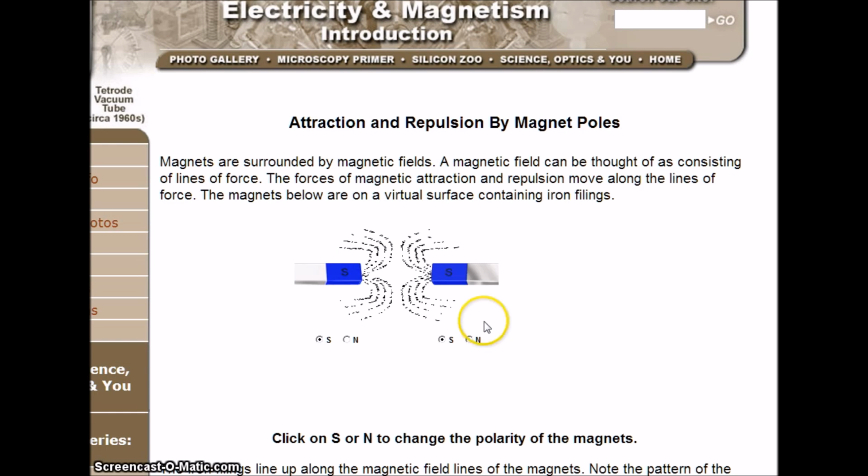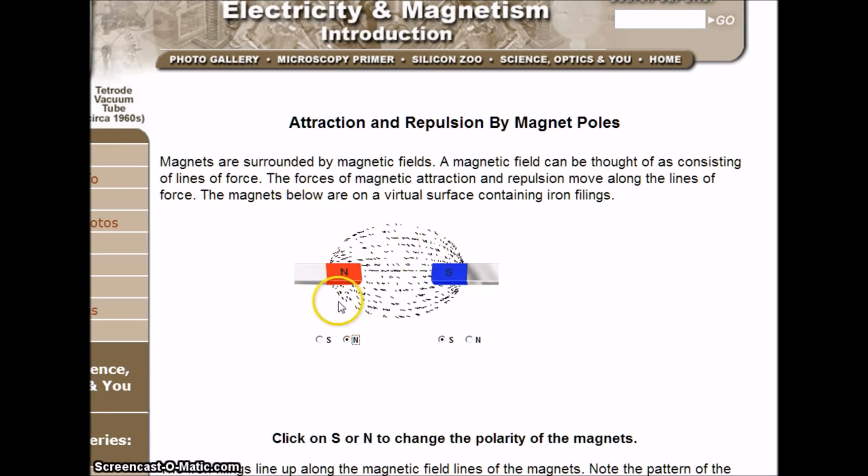And you can see the lines are going away from each other, showing that they are being repelled. So if I change this one to north, now you have opposite poles, so they're attracted. You can see the lines are now lining up, kind of showing that the field is going attracted to each other.